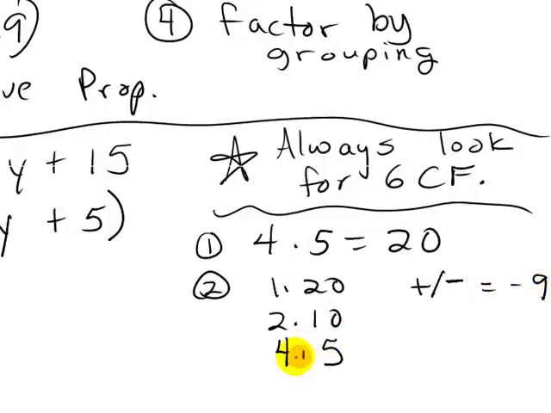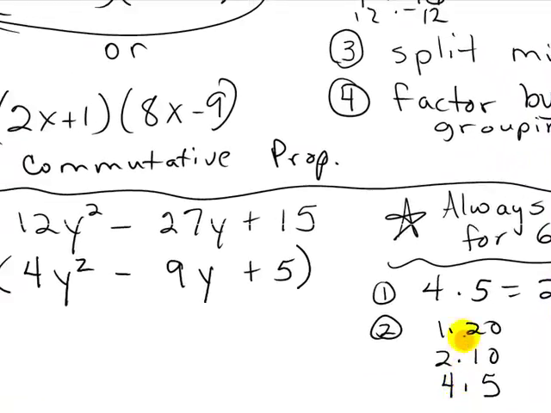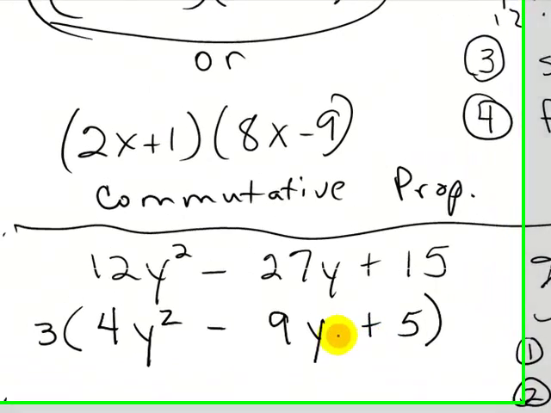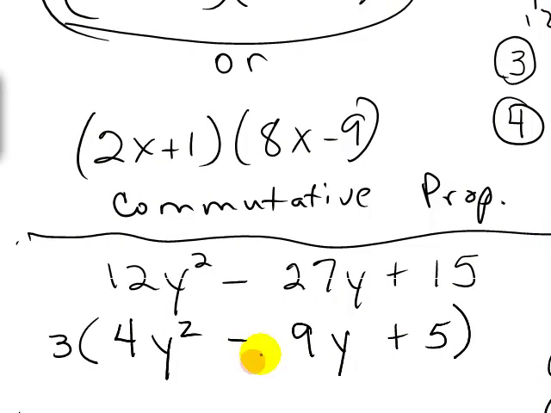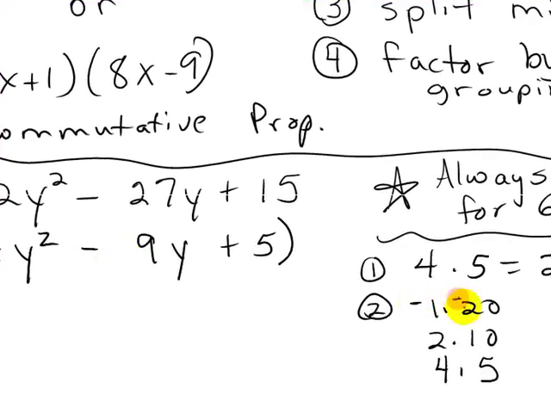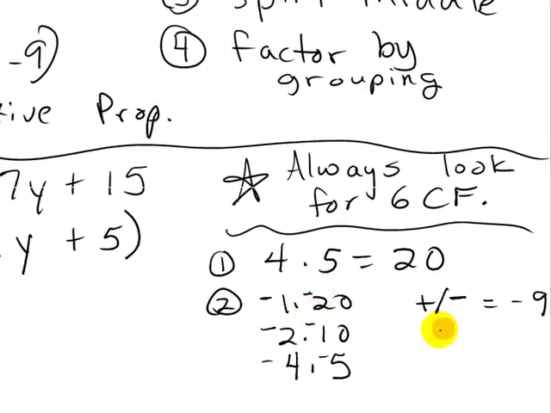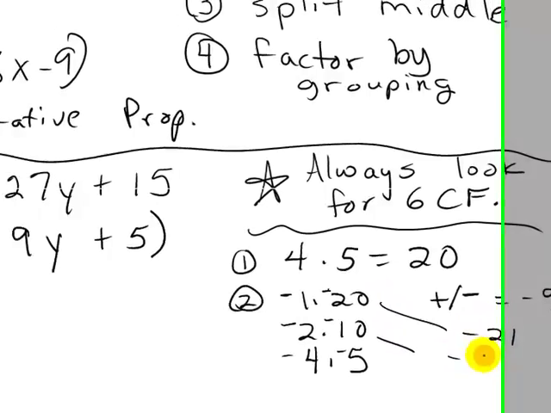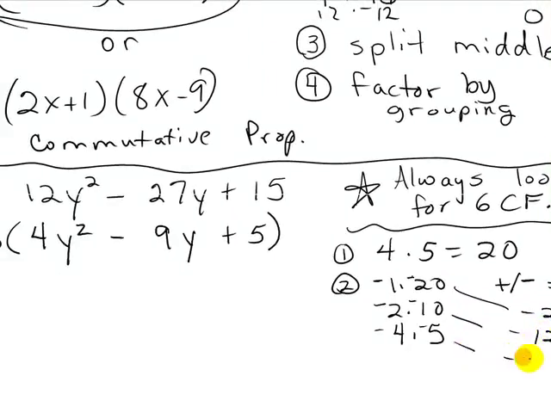Which means again, if this is a positive 5 and that's a negative 9, remember, if that's positive and that's negative, then both of these have to be negative. So then I'm going to add. So this would give me negative 21, negative 12, negative 9. And so there we have our winner.